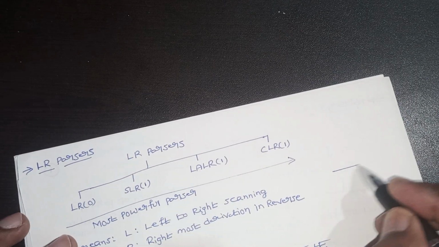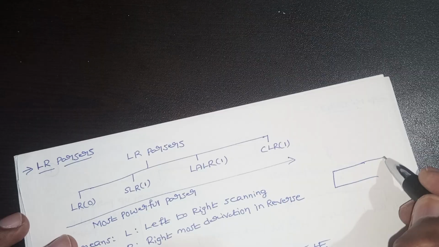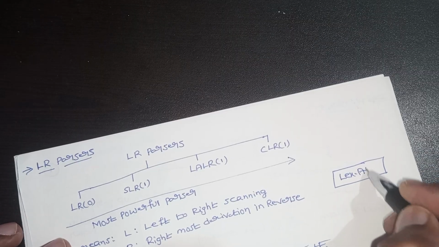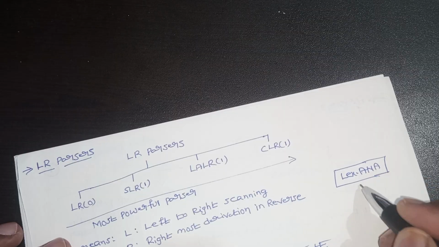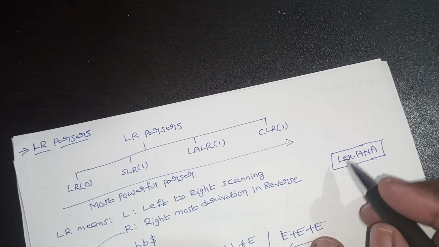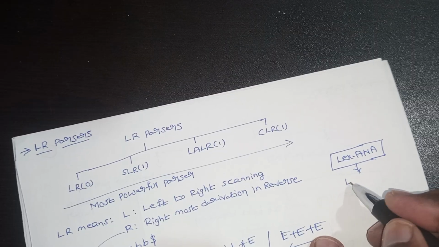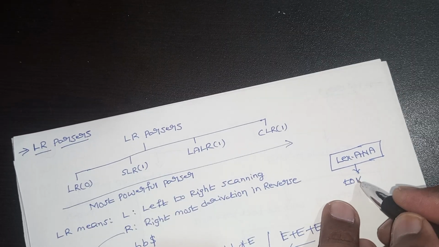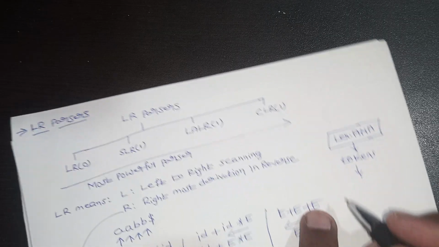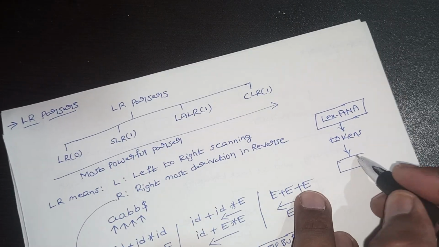The first phase is lexical analysis. What is its output? A stream of tokens, or set of tokens. This is given as input to the syntax analysis.